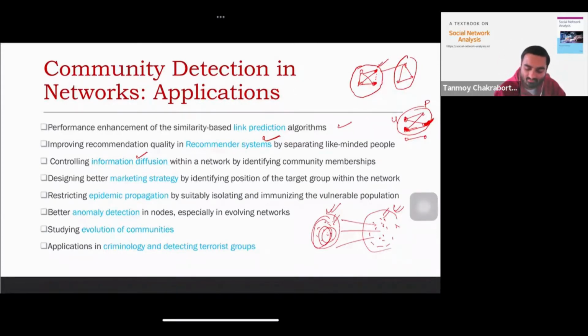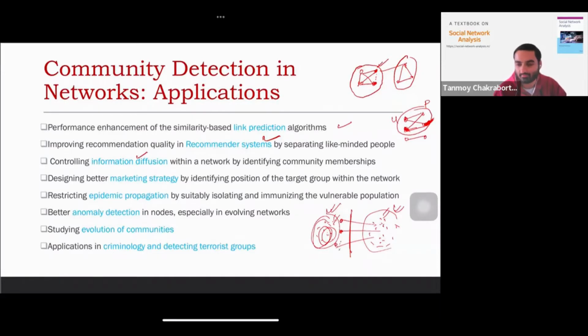So what you do, since you know the community structure, you try to cut these edges, or in other words, you try to incentivize these gatekeeper nodes, that look, when you get this information, please do not forward it to the next community. You can incentivize them, you can target these nodes, you can immunize these nodes.